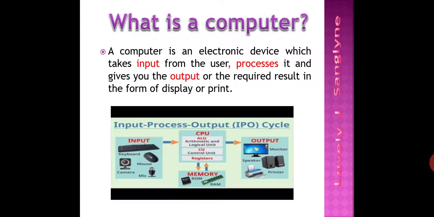Here you can see we have some of the input devices such as keyboard, mouse, camera and mic. Then the CPU, which is the central processing unit, and the output devices such as monitor, speaker and printer.